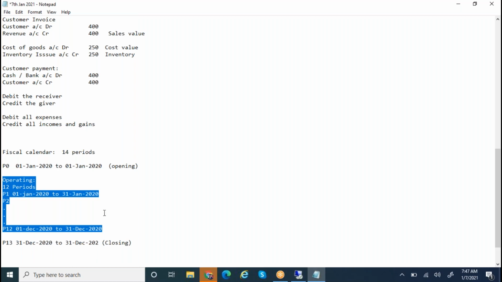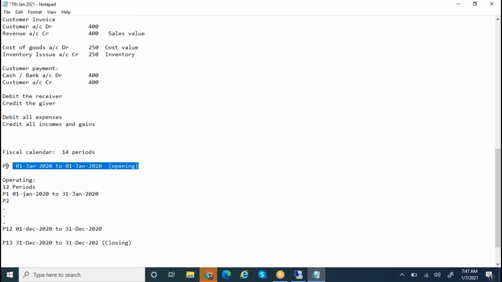Whatever transactions you are posting, all these transactions will be lying here only. But you can understand this when you do the year-end process. Year-end process is one of the functionalities in general ledger. In that, the closing balances will be transferred to opening balances.